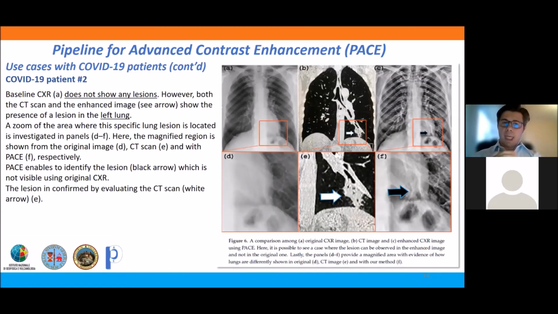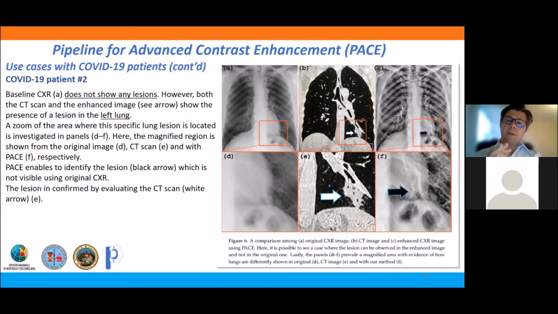In this case, we have another patient, another COVID-19 patient, but in this case, the baseline chest X-ray does not provide any lesion with enough confidence. So what we have done is to calculate again, using PACE, an enhanced chest X-ray image, and we were able to identify a small lesion on the left lung, and this lesion was also confirmed using a CT scan.